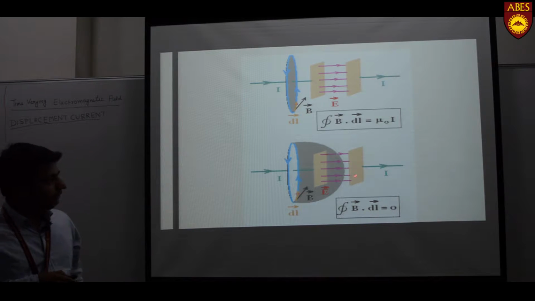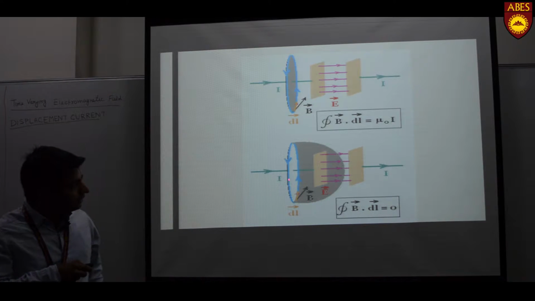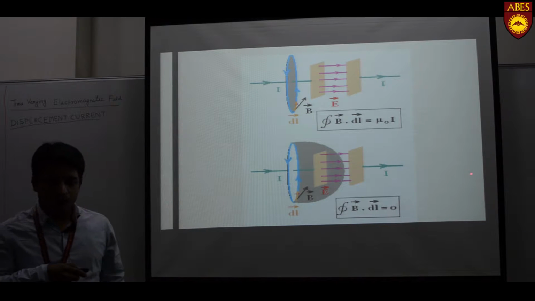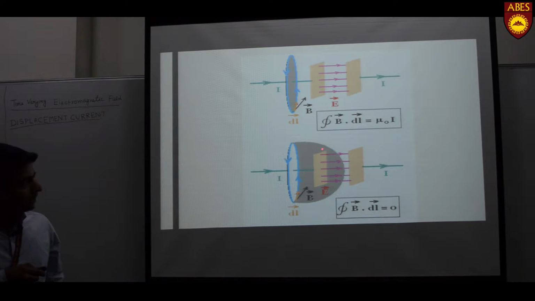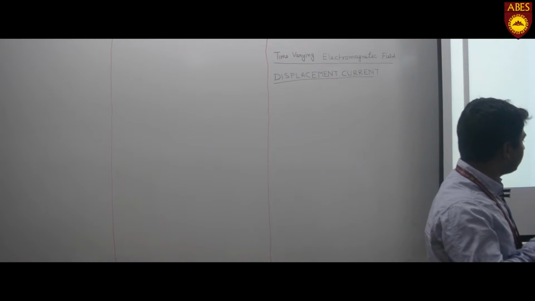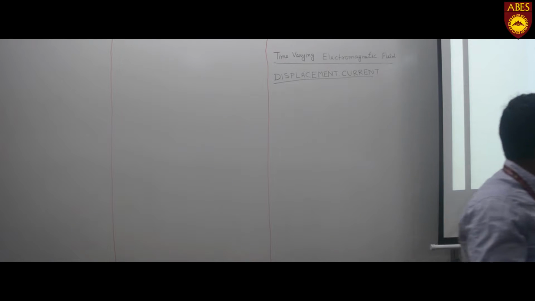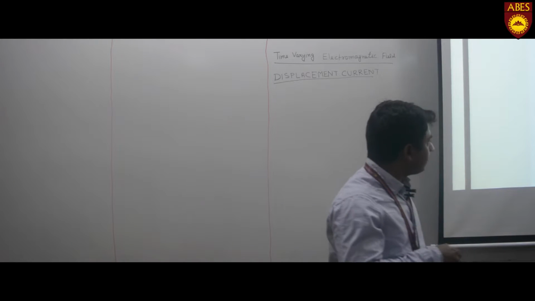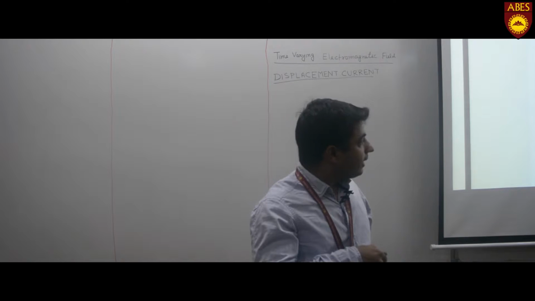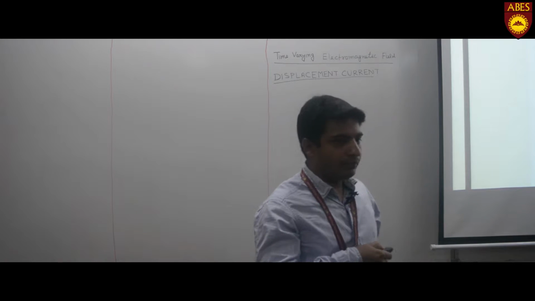From this figure we can say that if Ampere's law holds true for every case, then there must be some magnetic field induced by the time varying electric field. So we will prove Ampere's law for time varying field.